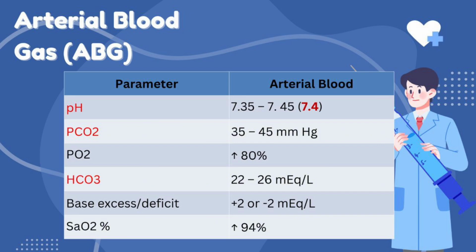And also the partial pressure of oxygen is equivalent to 80 percent. The HCO3, or the bicarbonate, is equivalent to 22 to 26 milliequivalents per liter, and the base excess or deficit is positive 2 or negative 2 milliequivalents per liter, and the oxygen saturation is 94 percent or higher. Think of these numbers as the reference guide to tell if the blood is in balance.